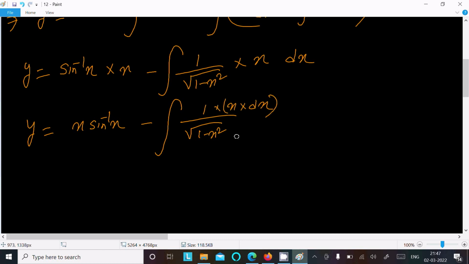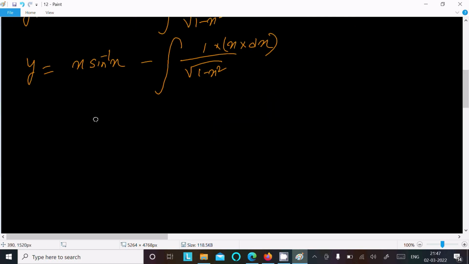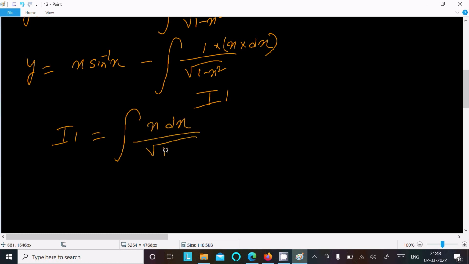Now after that, going to assume this is I1, and now I1 we can write x dx divided by root 1 minus x square.